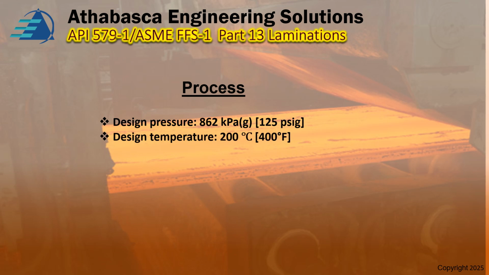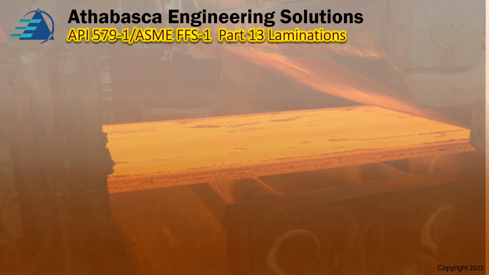The coincidental design temperature is 200 degrees centigrade, and it's not in hydrogen charging service. There's no H2S, for example, in the service that can dissociate in water and form monatomic hydrogen, which can migrate into the steel, which is an essential element of laminations. For more details, check out Episode 1.